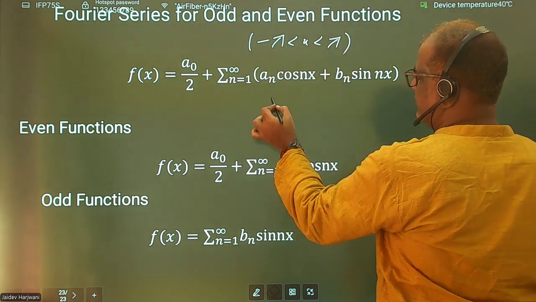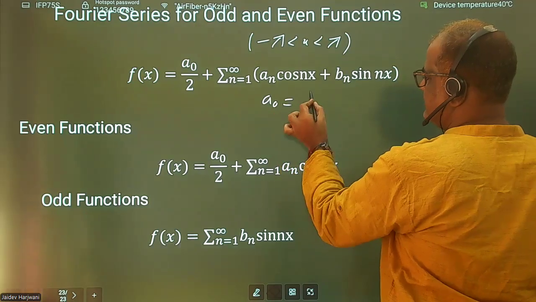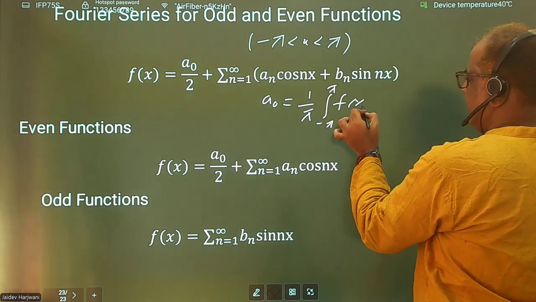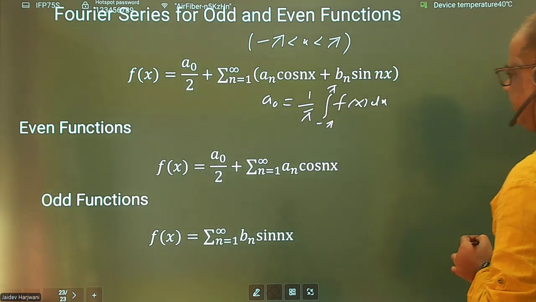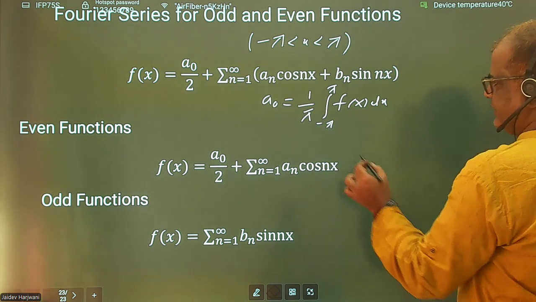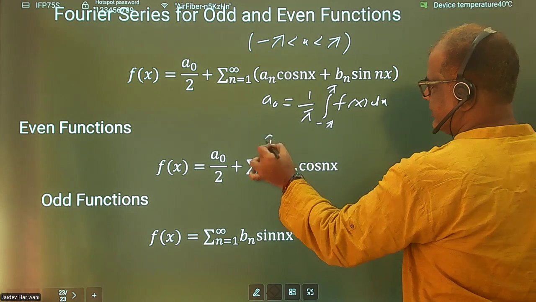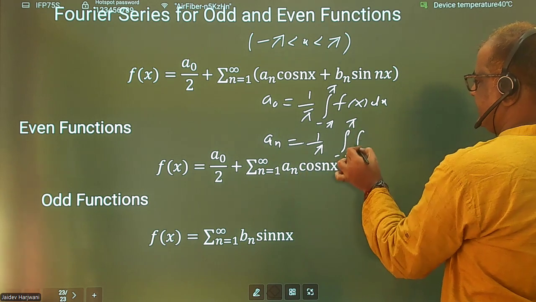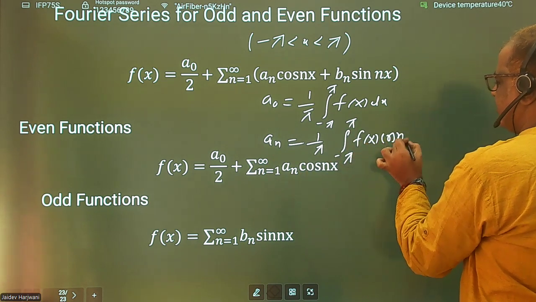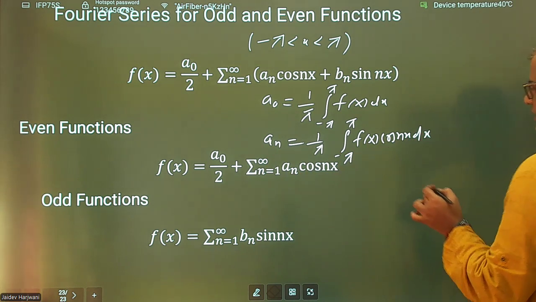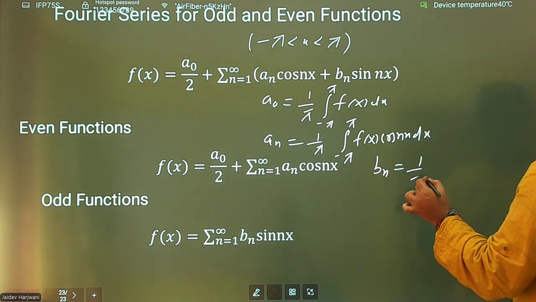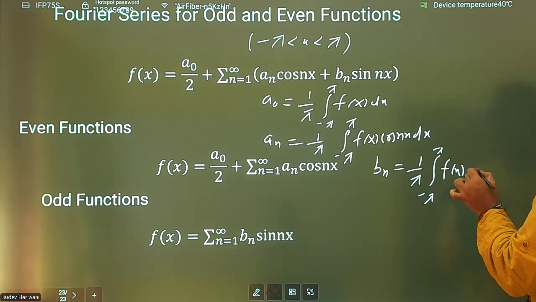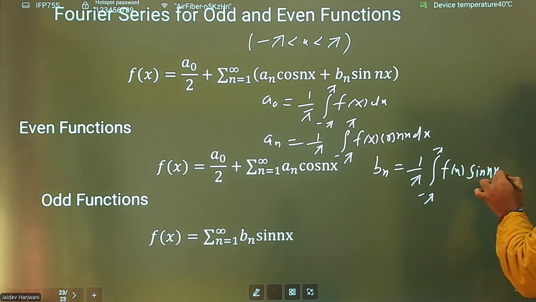Now here we know a0 is 1 upon pi, integral from minus pi to pi of f(x) dx. And an is defined as 1 upon pi, integral from minus pi to pi of f(x) cos nx dx. Similarly, bn is given by 1 upon pi, integral from minus pi to pi of f(x) sine nx dx.